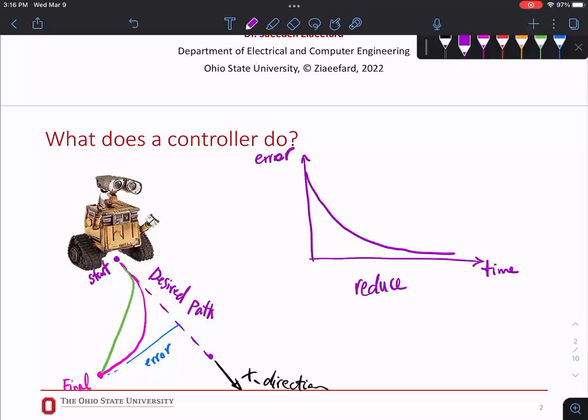If it is minimized, you can tell, okay, my control is performing well. So usually when you design a controller, you want to look at the behavior of the error instead of the behavior of the system directly, because you're trying to minimize that error, right? All good so far? So we understand what we are trying to control.